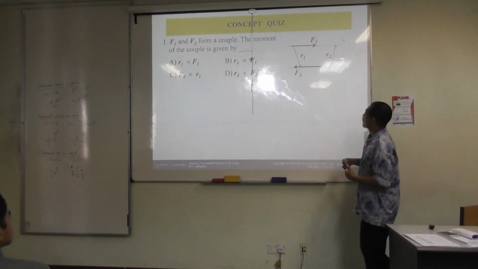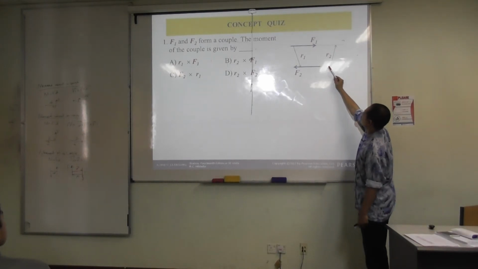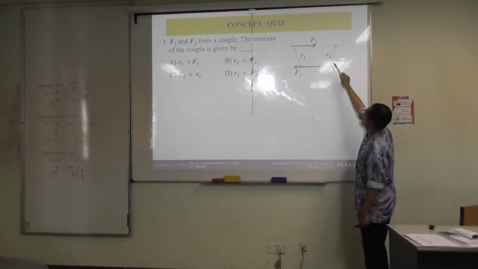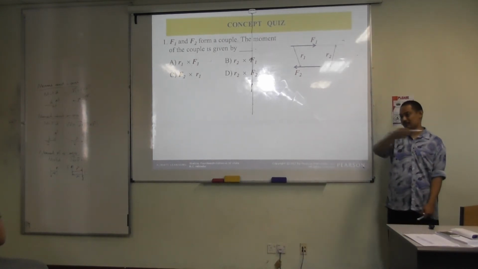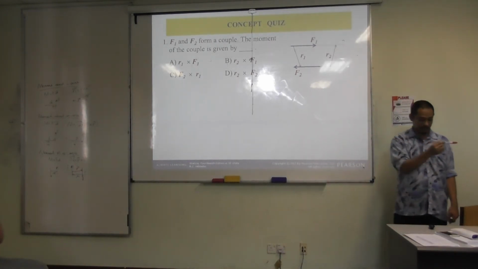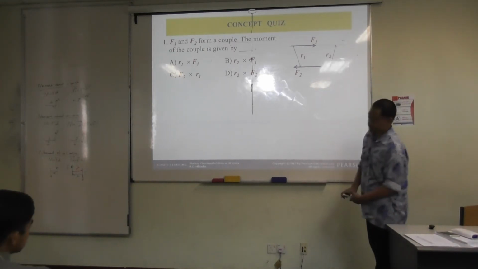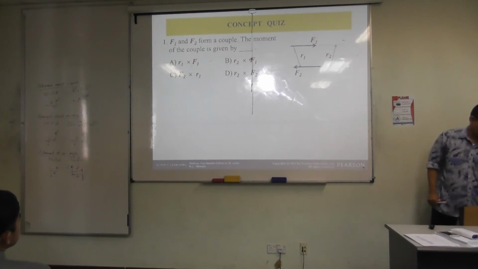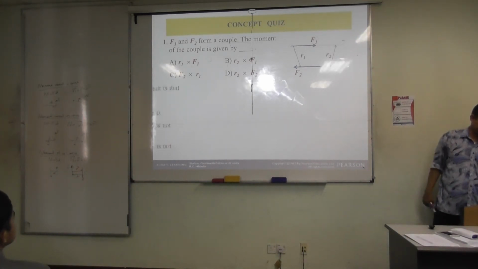Because, for example, with this R, some students might ask, it doesn't even touch the force? But you have to understand the force can be extended as long as you want. The direction is what is important. So if you use R1 it should be F2, if you use R2 it should be F1, right?